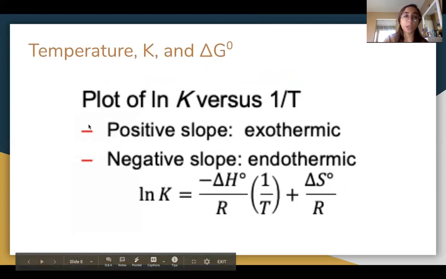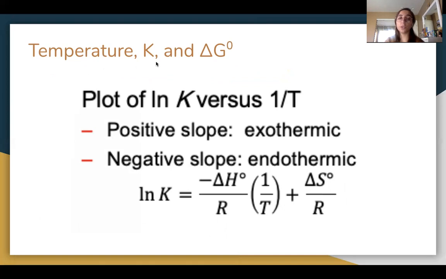So now let's relate temperature in Kelvin, the equilibrium constant, and delta G. You should always know that if you plot the natural log of the equilibrium constant versus 1 over the temperature, you will get a linear graph. If you have a positive slope, know that this reaction is exothermic, which means it will be releasing energy.